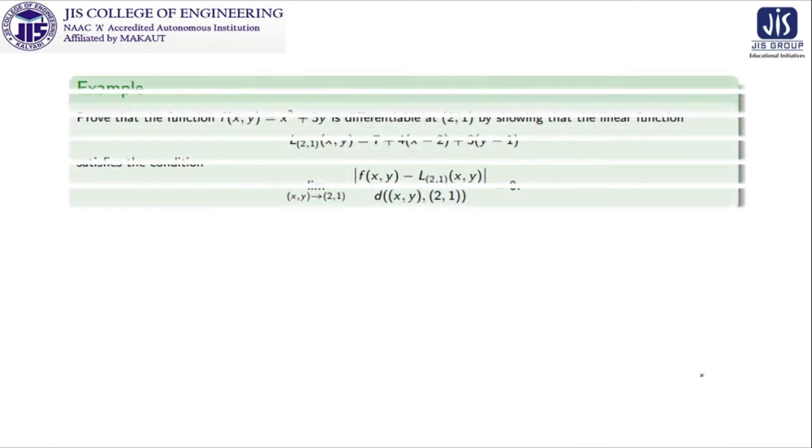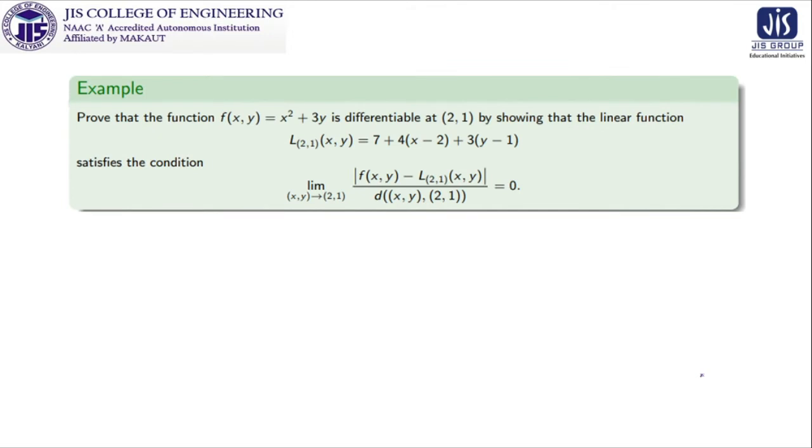So proceeding further, we have to prove that the function f(x,y) equals x squared plus 3y is differentiable at (2,1) by showing that the linear function L_(2,1)(x,y) equals 7 plus 4(x minus 2) plus 3(y minus 1). You can see why it is x minus 2 and y minus 1. It was from the definition.